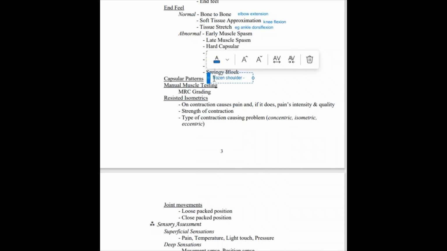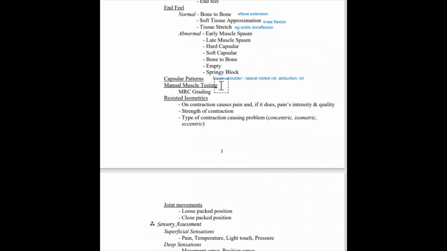So frozen shoulder: lateral rotation, that is external rotation only, followed by abduction and medial rotation.